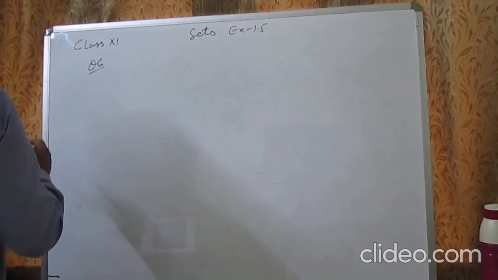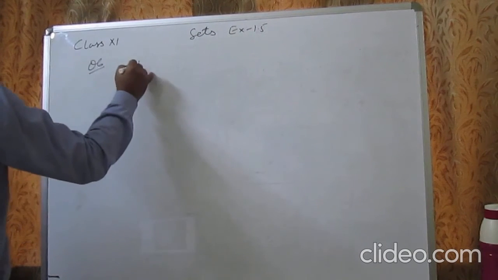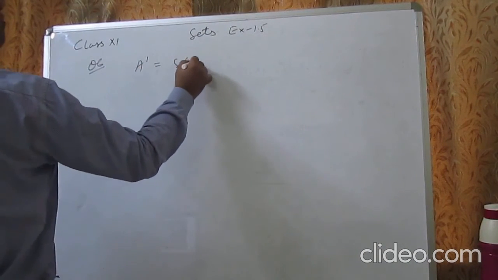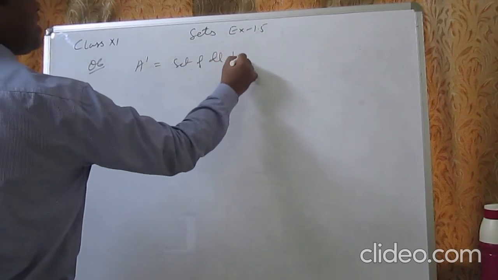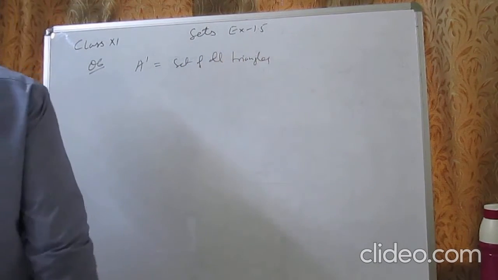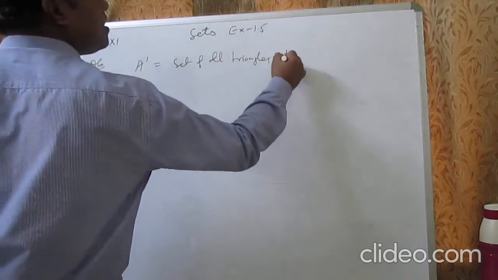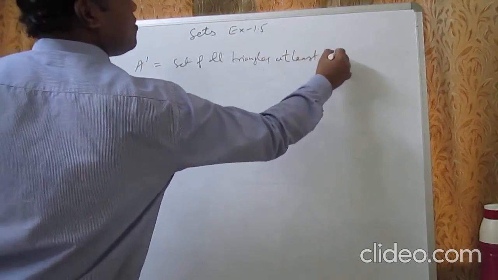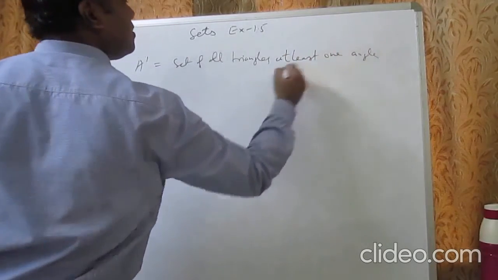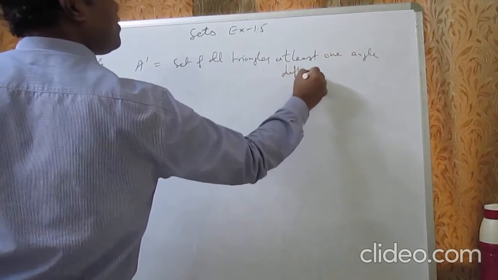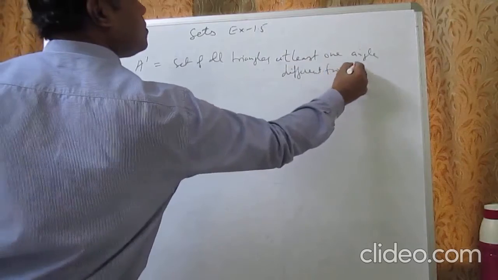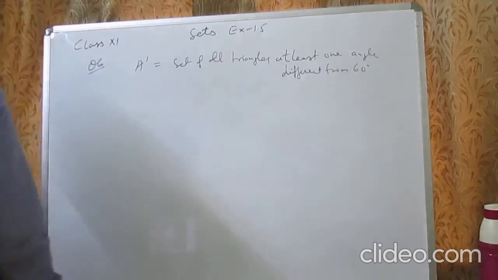Question number 6. If A is the set of all triangles with at least one angle different from 60 degrees.